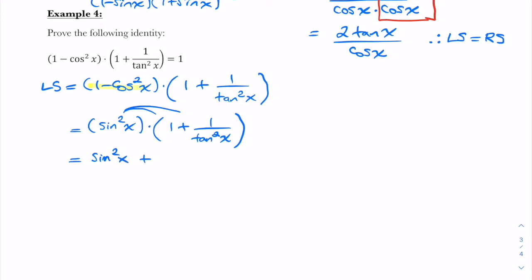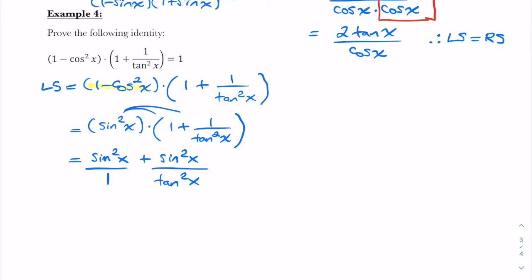Sine squared x multiplied by 1 over tan squared x is just sine squared x over tan squared x. All right, so this doesn't quite help us yet, but we're adding two fractions. Sine squared x is over 1, and we somehow have to make these two fractions add up to 1.